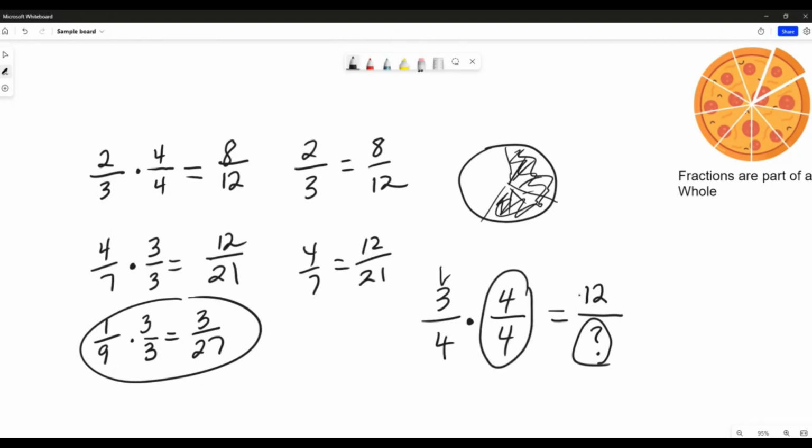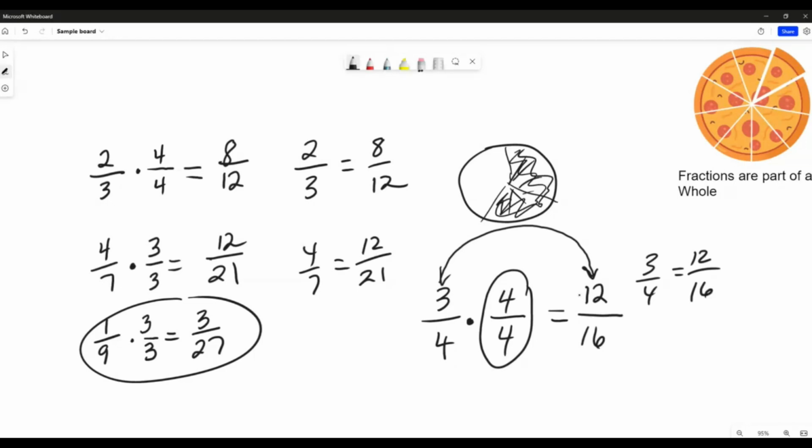But if we're going to turn the fraction into something other than 3/4 that it's equal to, then 3/4 is the same as 12/16. So 3/4 is equal to 12/16.